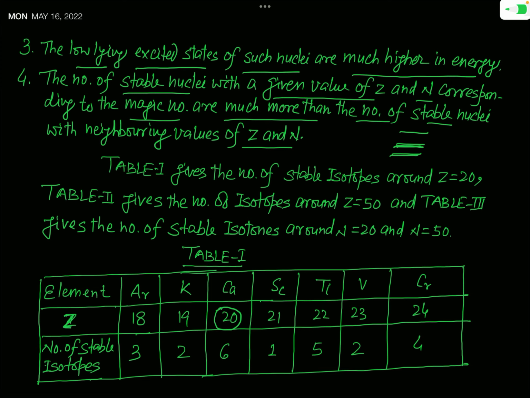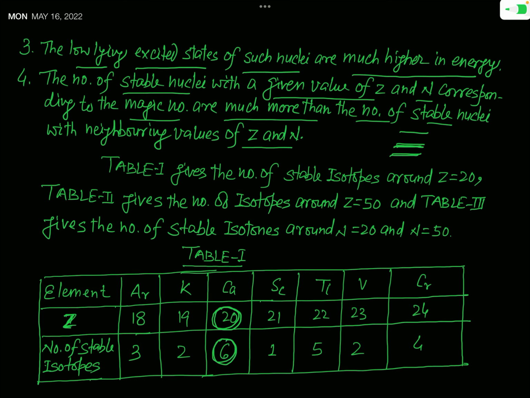When we consider the magic nucleus having proton number 20, it has a total of 6 stable isotopes.